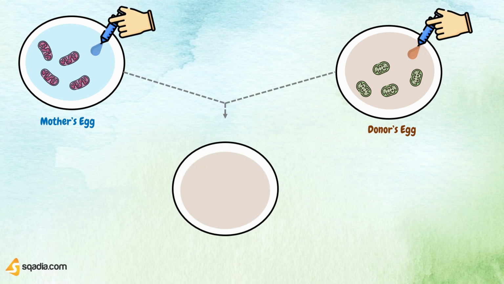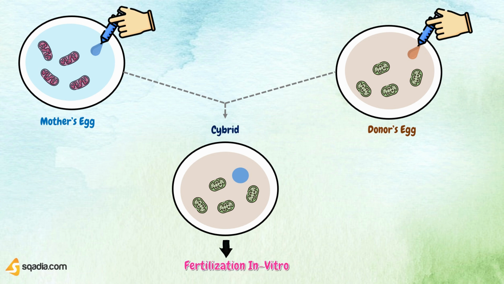The resulting eggs, which have nuclei from one source and mitochondria from a different source, are called hybrids. So, after in vitro fertilization, the zygotes can be implanted in a womb. The resulting child would have the nuclear genes of his or her parents and the normal mitochondrial DNA of the egg donor.